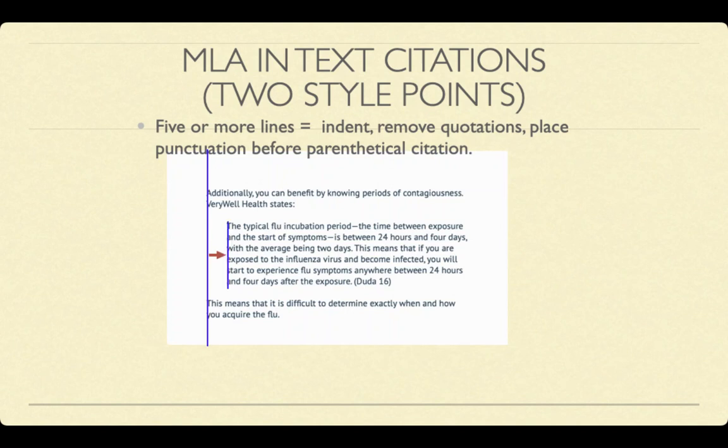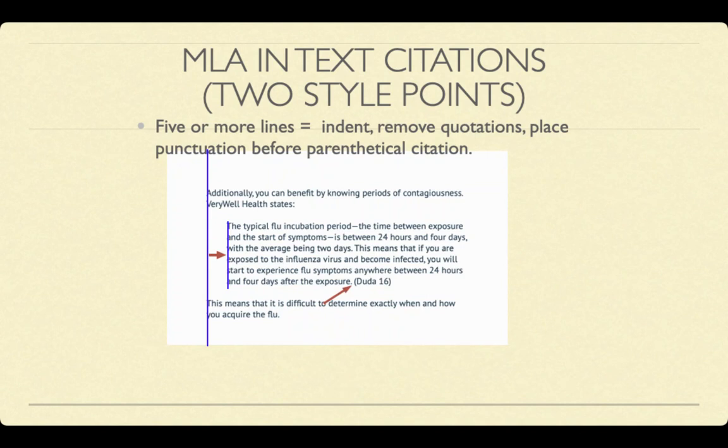Make sure that you don't include quotation marks, since indenting the quotation indicates that it is a quote. When your instructor sees an indented chunk of text like this, they know that it's a quote from a source. And again, place the punctuation at the end of the quote rather than after the in-text citation.